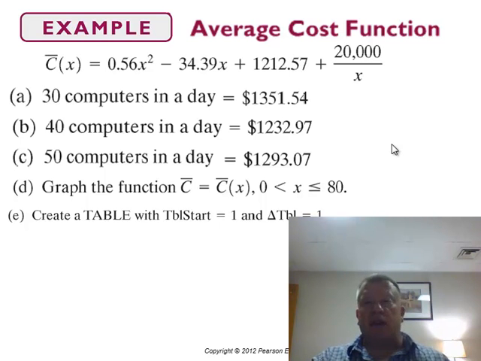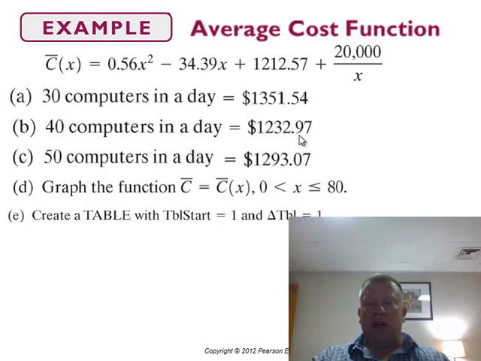So you could evaluate this function on your calculator at x equals 30, at x equals 40, at x equals 50. The smallest cost being for these quantities of computers, 1232.97.